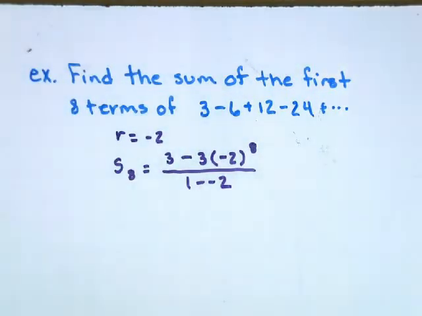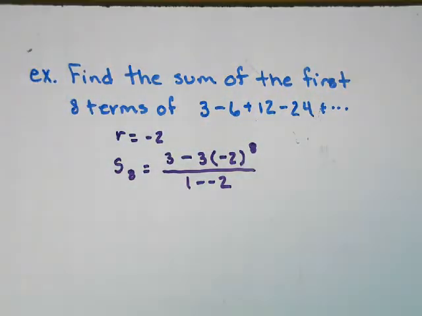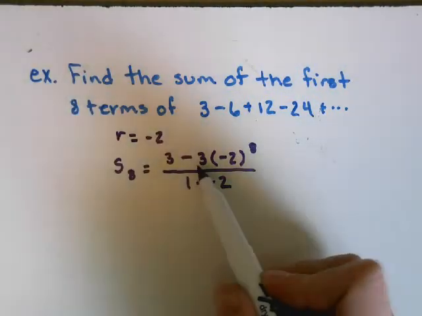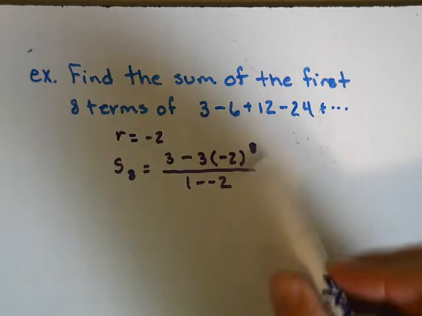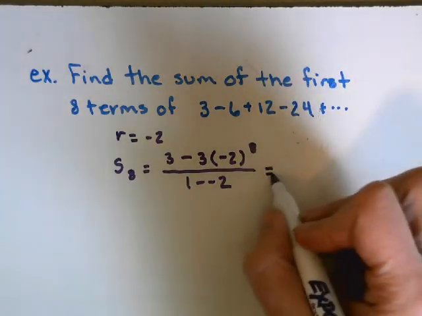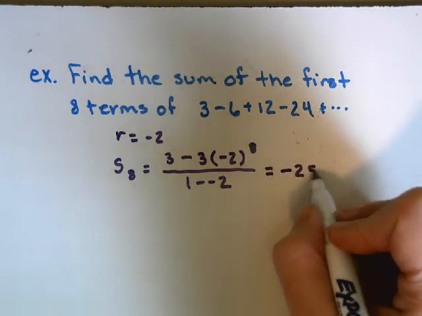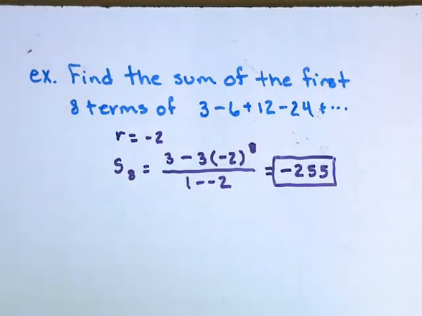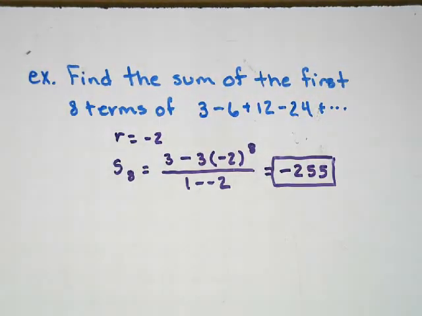And you can type all of that into your calculator. Be careful not to simplify. I'll see people go 3 minus 3, well, that's 0. No, order of operations: you have to raise it to the power, then multiply, then subtract. But this one we will get -255 as our answer. So that is geometric sequences and series.